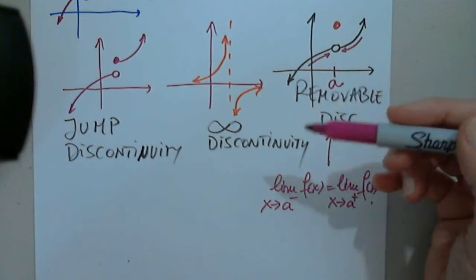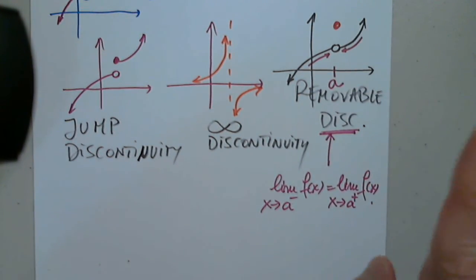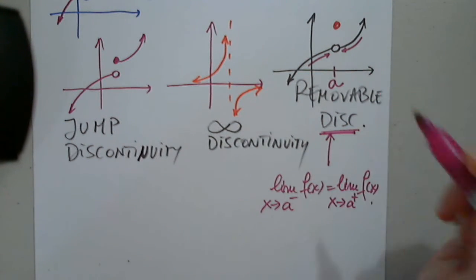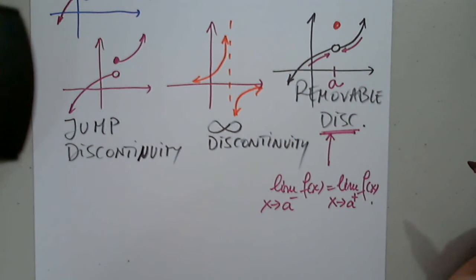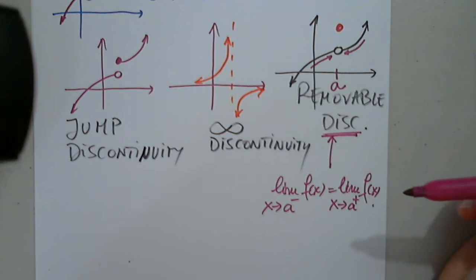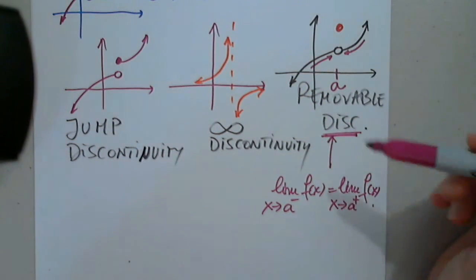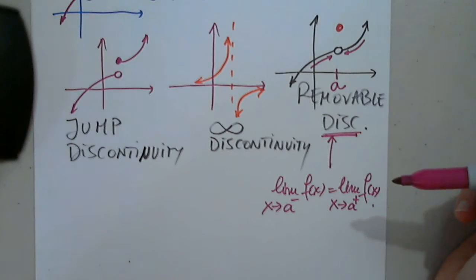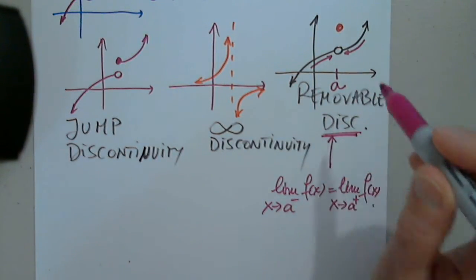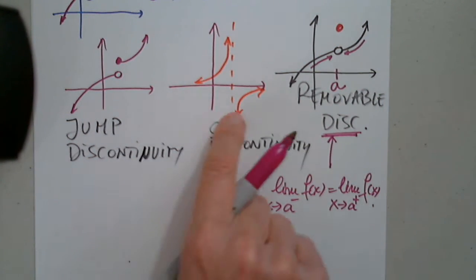I can transform this function by changing one point, a finite number of points, and make it continuous if I wanted to. I can define a function that is continuous. Right now it's not. It has a removable discontinuity. But this is the only one I could possibly change into a continuous function. These two, never.